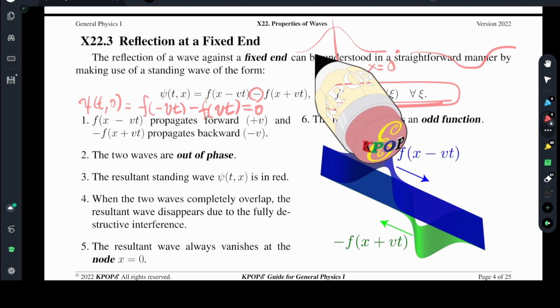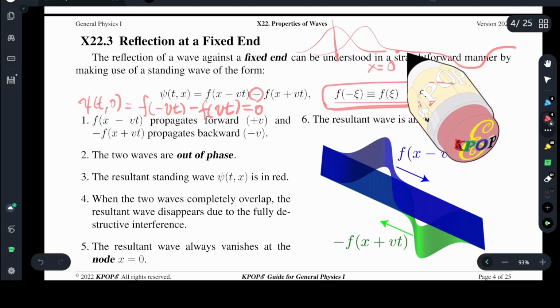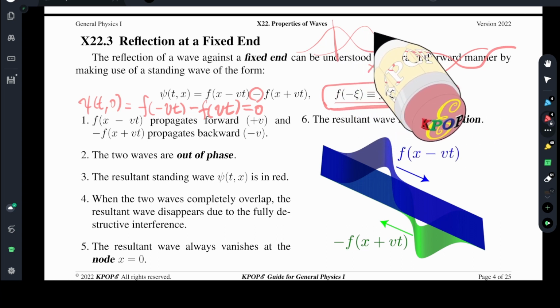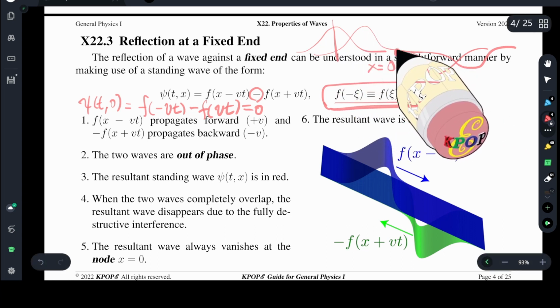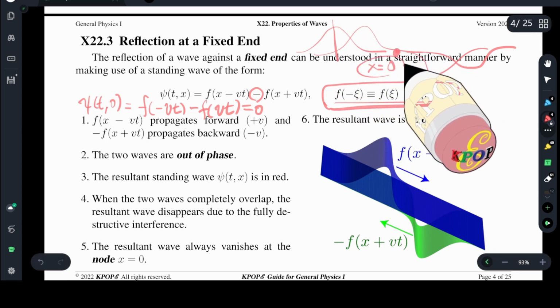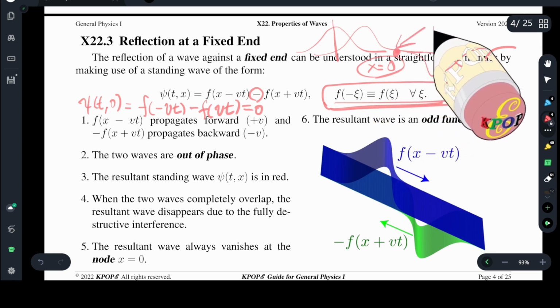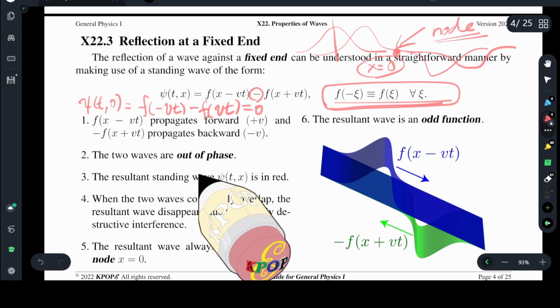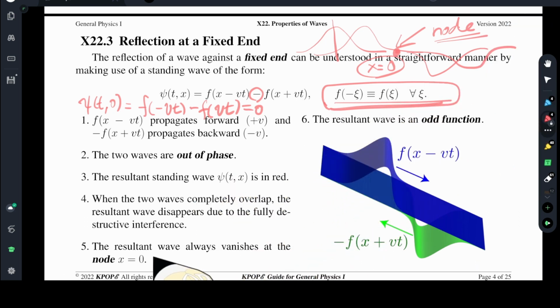So as it propagates, the macroscopic shape changes. However, this point is always fixed to be 0. So this becomes a node in any case. Finally, we can say this x equals 0 is a node.